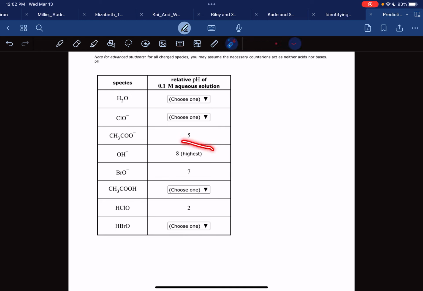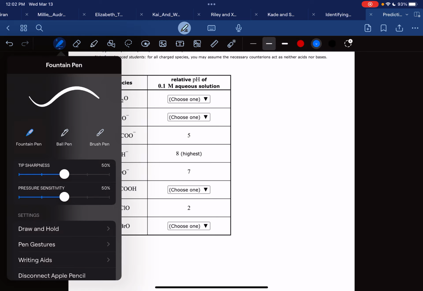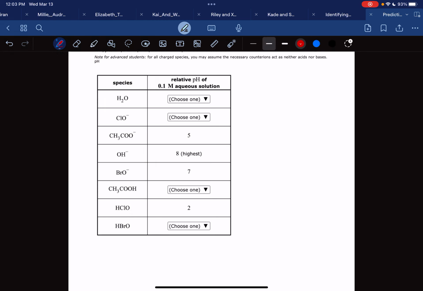Now, they've given us what the strongest base is right here. They've given us that it is OH. So I'm going to make our little table here, and at the very top, my strongest base is going to be OH minus, and we're going to give that a number 8. Now, whatever corresponds to it, its conjugate, this is my base, and this is its conjugate acid.